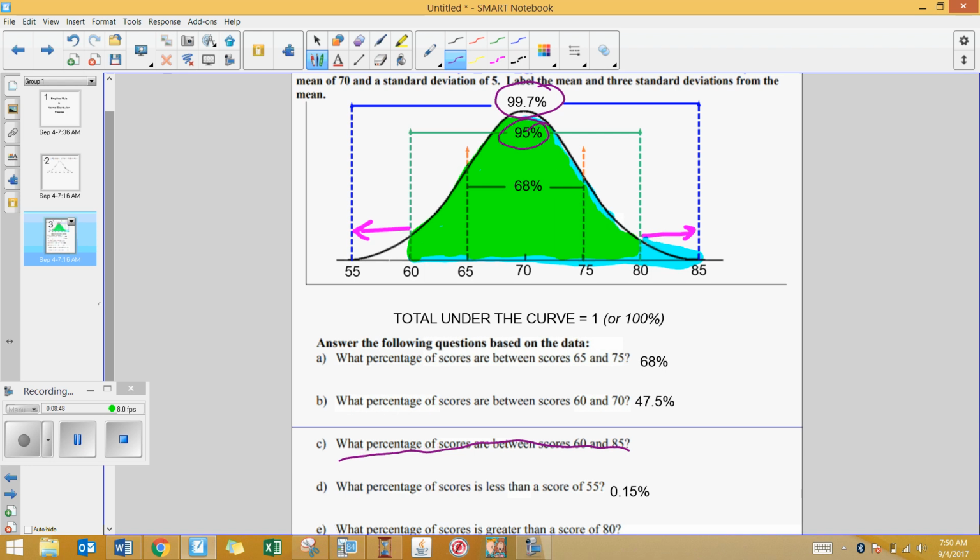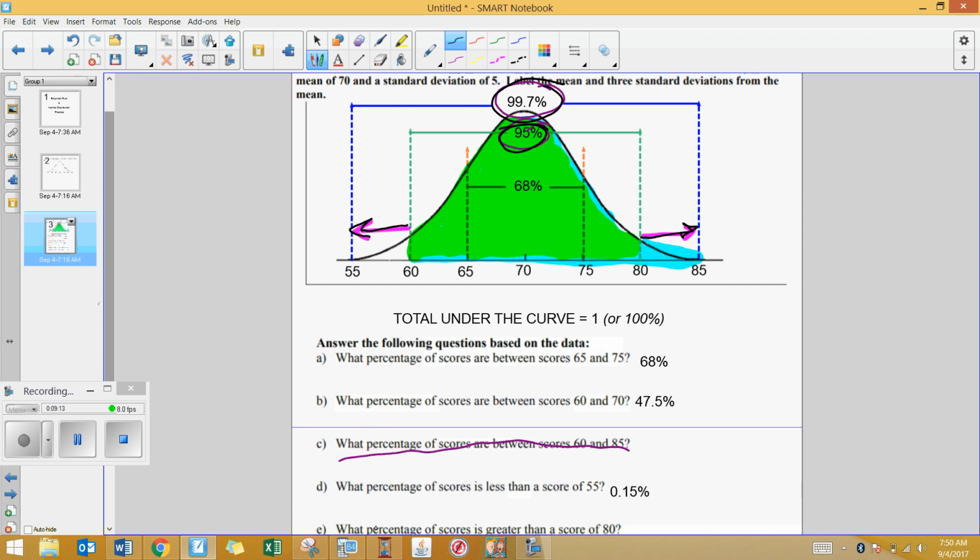So if I want to know how much further did I extend getting from 95 to 99.7, there was a jump of 4.7%. So from that green line out to the blue line on the right and the left, there was an increase of 4.7.